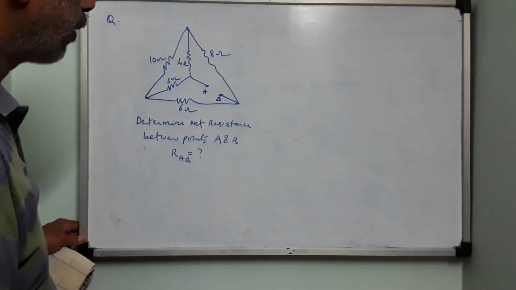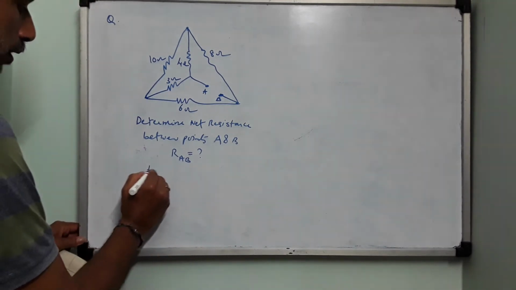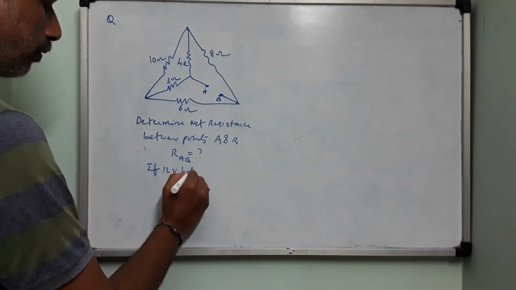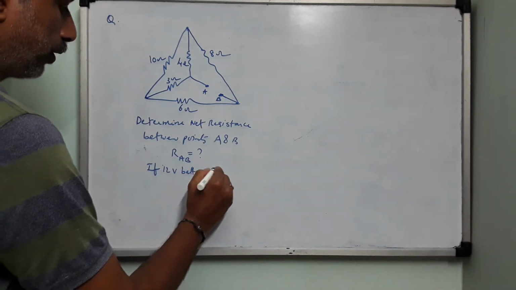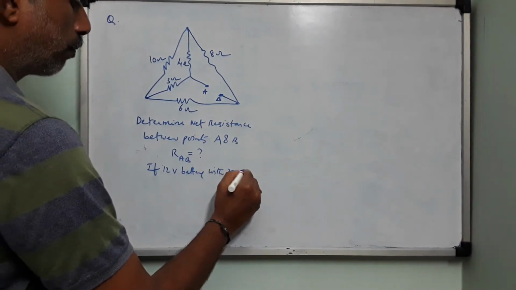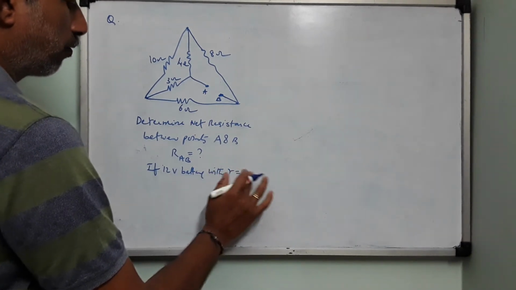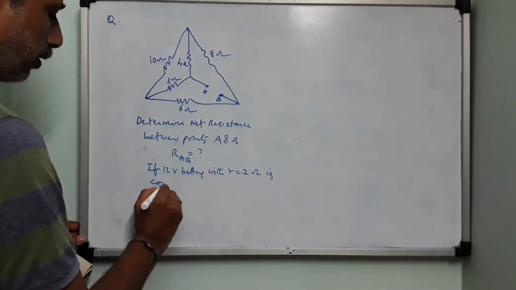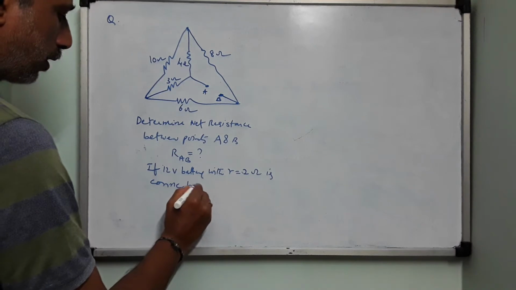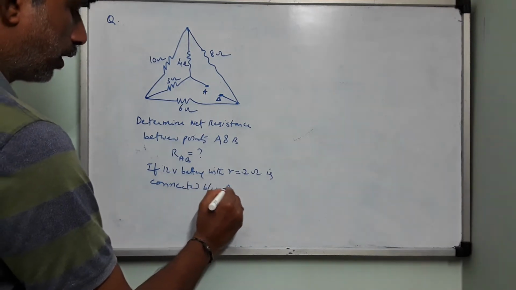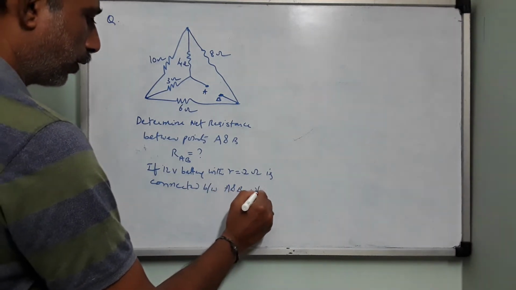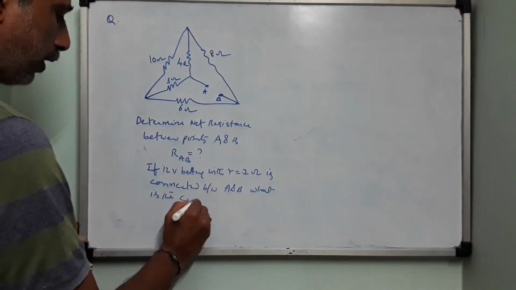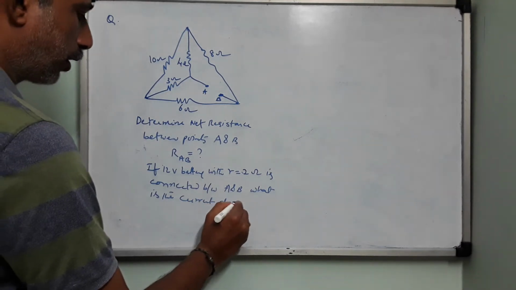Suppose a 12 volt battery with r equals 0.5 ohm, you take it as 2 ohm, is connected between A and B. What is the current drawn by the circuit?